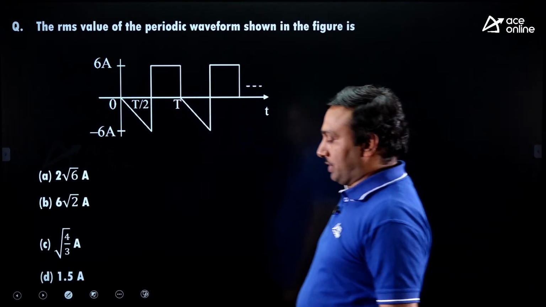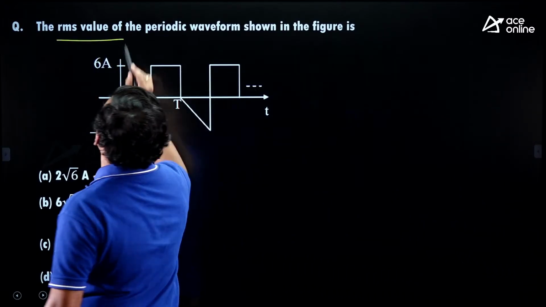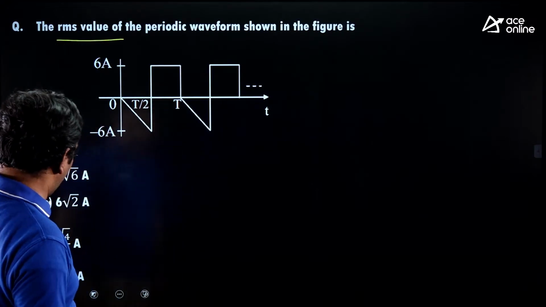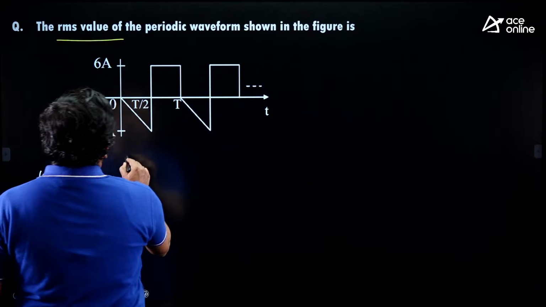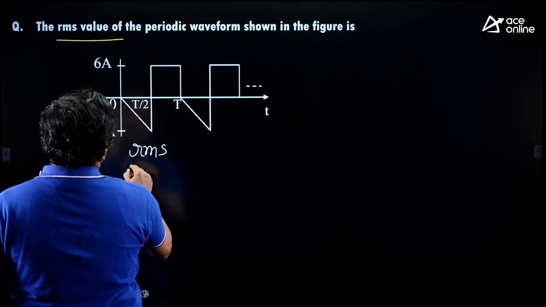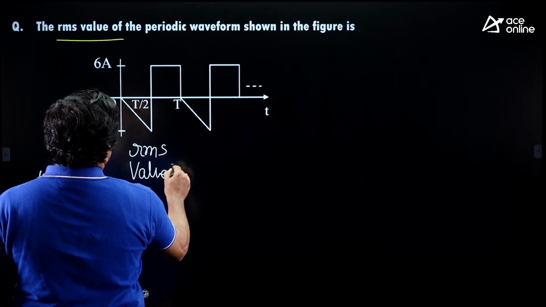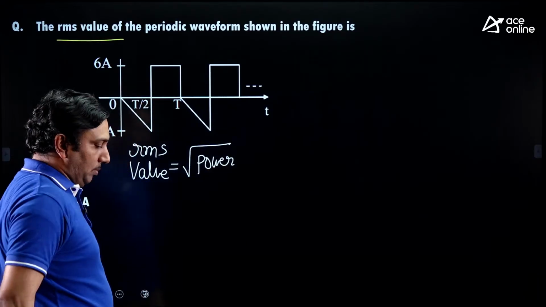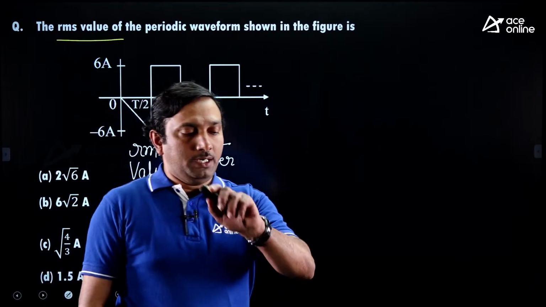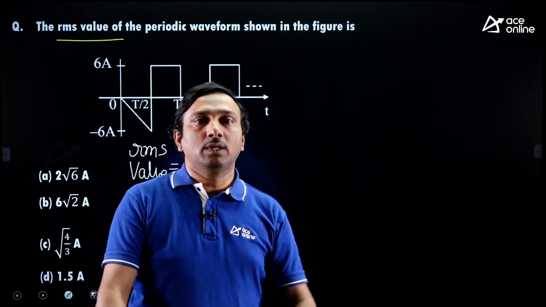This is also one more standard model: RMS value of the periodic waveform shown in the figure. RMS value is nothing but the square root of power. Probably you are aware the power of any periodic signal is concentrated within one period.